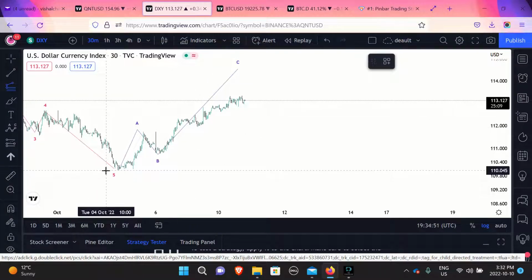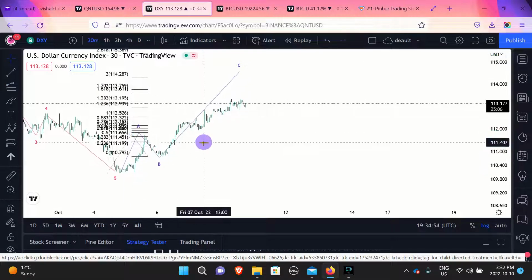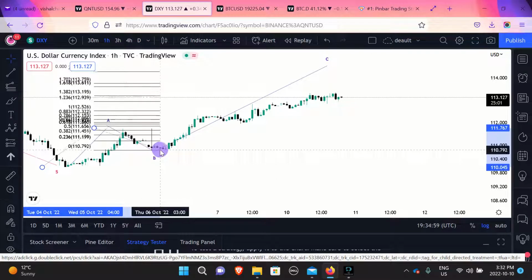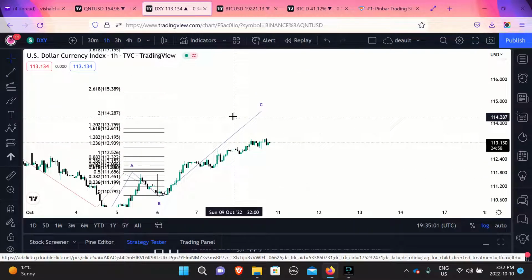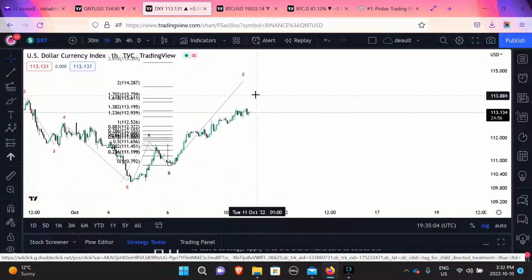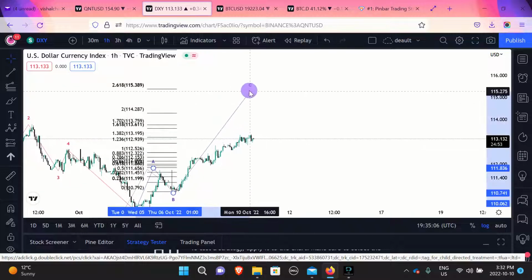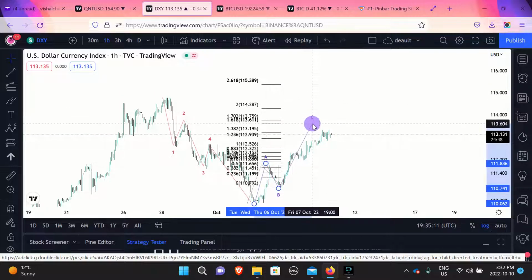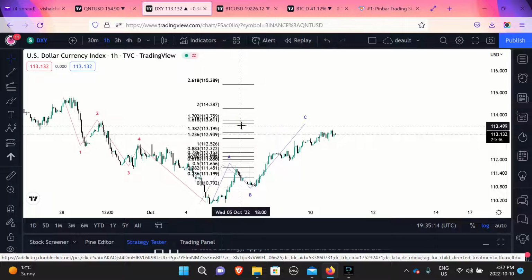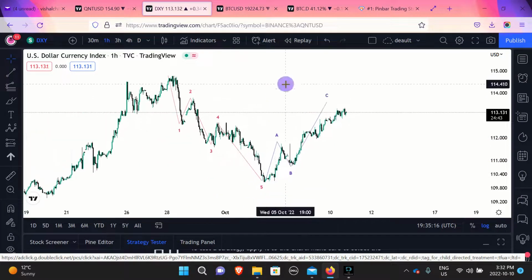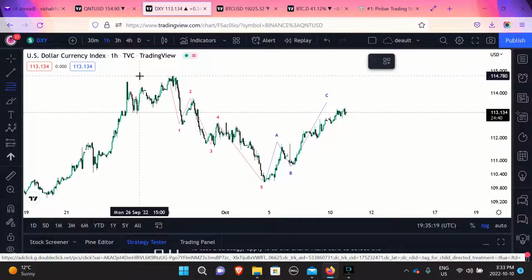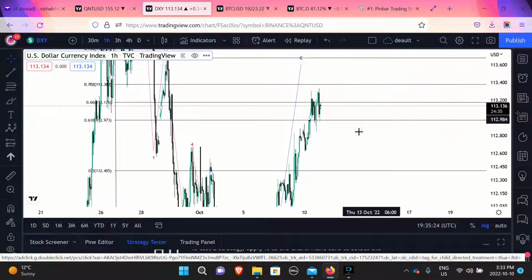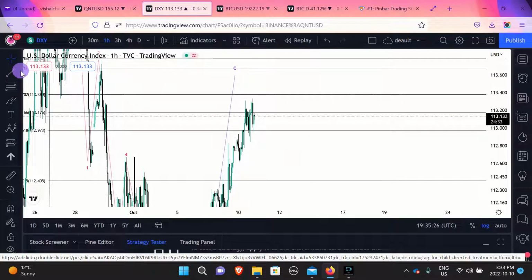We can find that out. Our 1.618 is at 113. And if we take a fib from here to there, where is our golden pocket zone? Our golden pocket zone is over here.